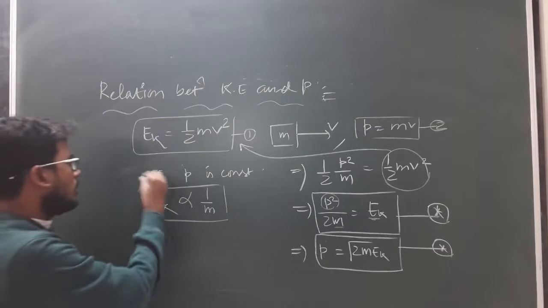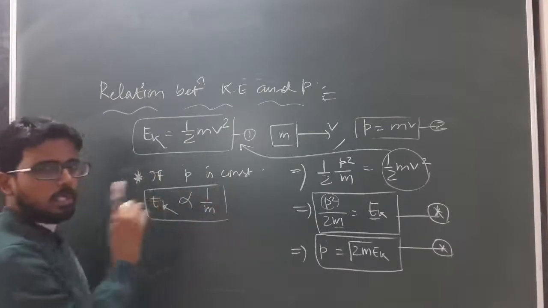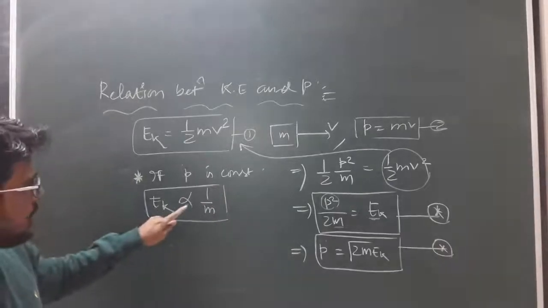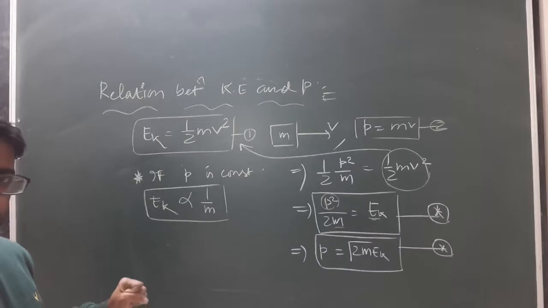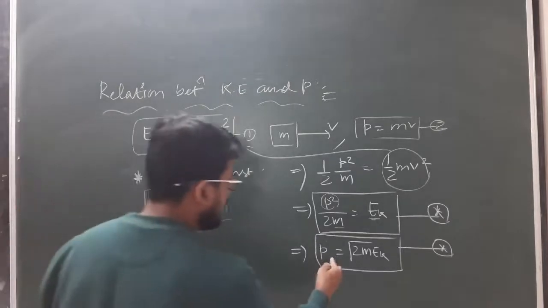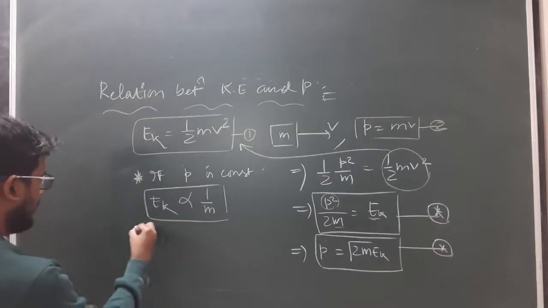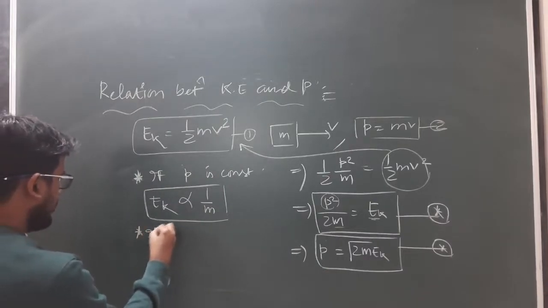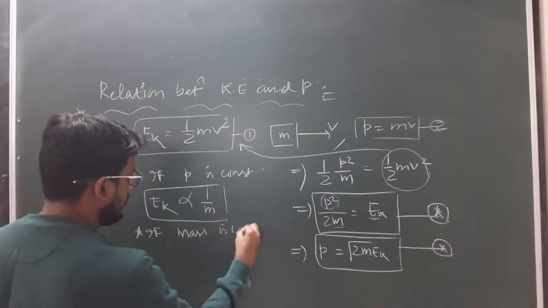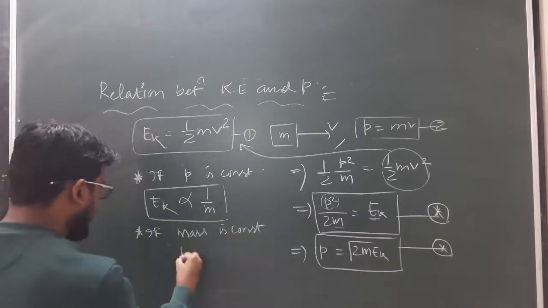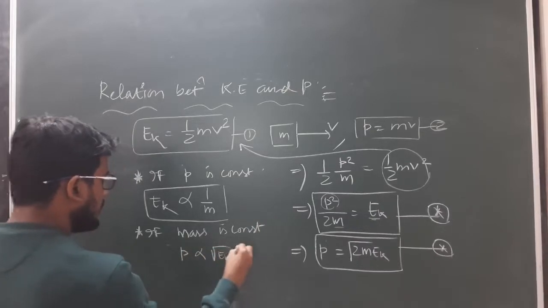Clear? Because you have to remember, when linear momentum remains constant for two different bodies, the kinetic energy is inversely proportional to mass. Okay, and from this equation we can write, if mass remains constant, then linear momentum is directly proportional to the root over kinetic energy.